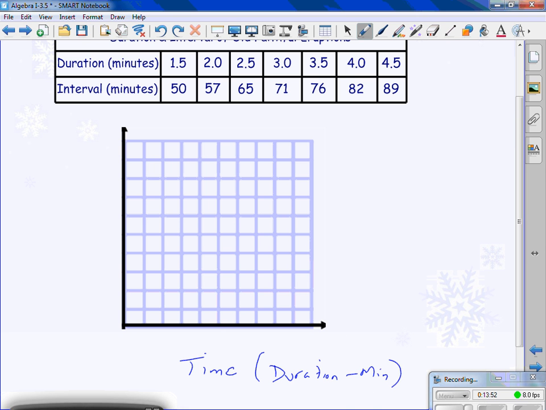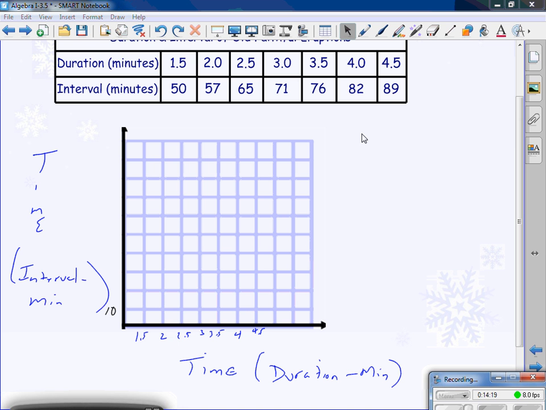On the left-hand side, I'm going to put time again, but this one here is the interval in minutes. Now for my graph, I just put the numbers as they were on the side, counted by one space. On the side, the highest number I have is 89. Well, I'm just going to count by tens because I have 10 lines there.